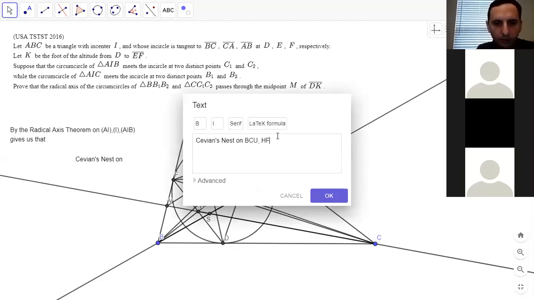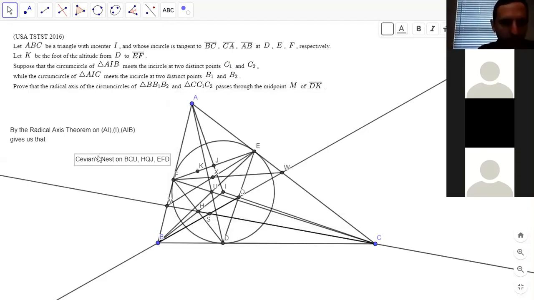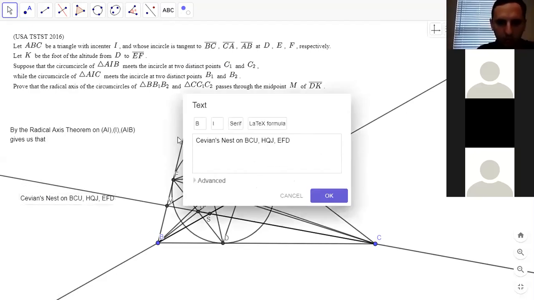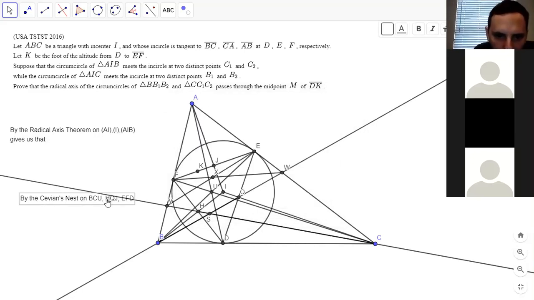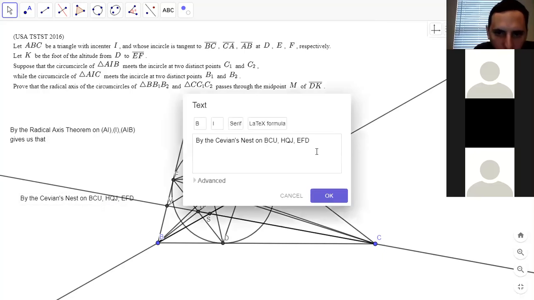Sorry, HQJ. My memory is not too good. And EFD. Yes. So it immediately implies that J, U, and S are collinear. Okay.